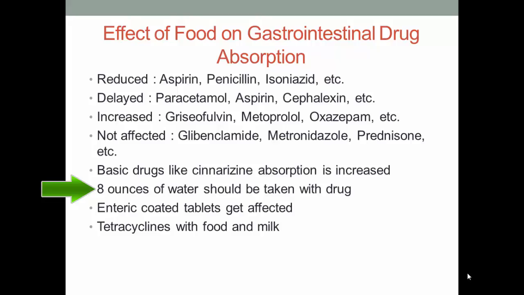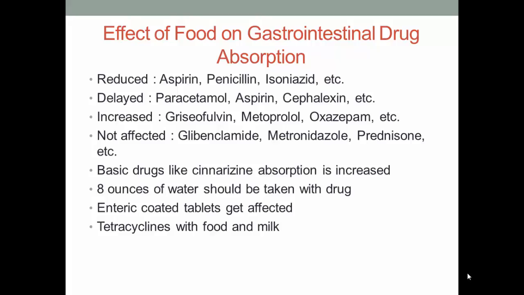For example, if the drug is not dissolved properly, it may lodge in the esophagus and cause some irritation. Or some antibiotics may change the microbial flora inside, so it may have side effects like that. So it is always better to take more water.